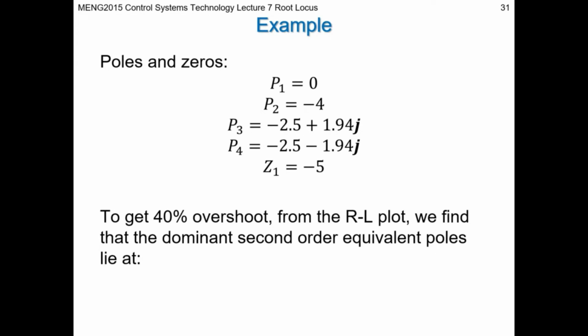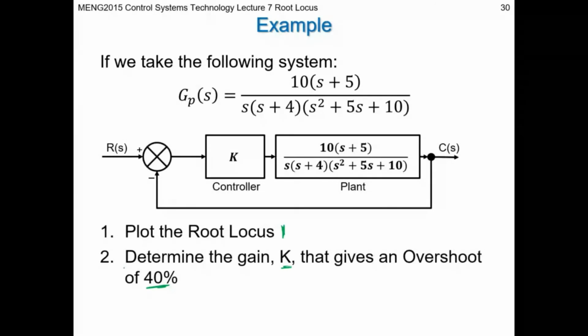Remember, the question was to plot the root locus and then determine the gain that gives an overshoot of 40%. So from 40%, that is Mp, our peak overshoot, equals 40%.